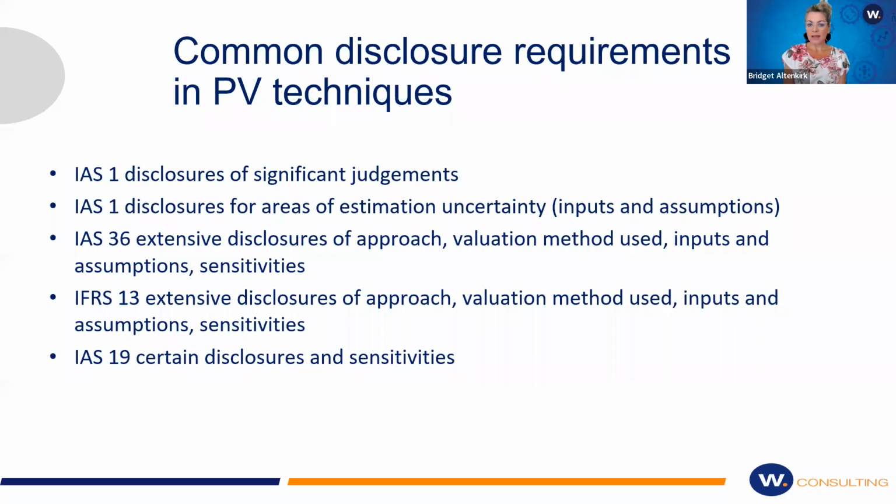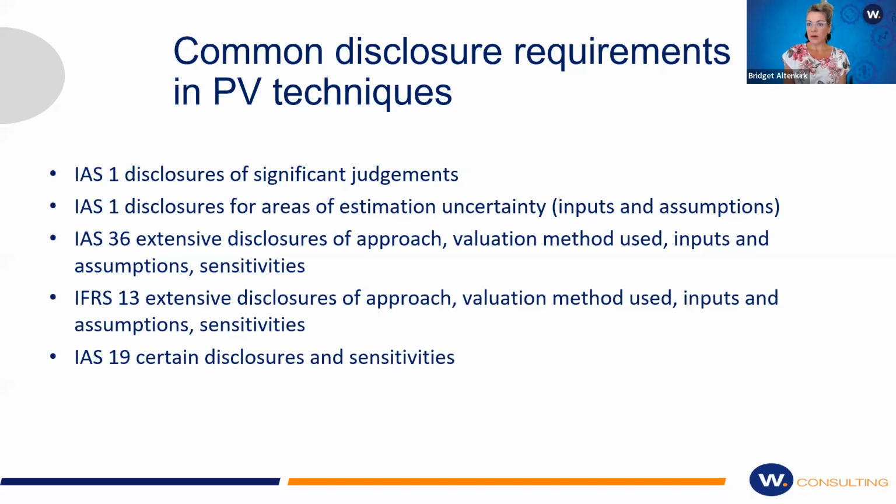IAS 1 is the standard which deals with the general preparation and presentation of your financial statements. And IAS 1 has an overarching disclosure requirement that where there have been significant judgments which have been applied by management in the preparation of the financial statements, those judgments need to be disclosed in the financials.